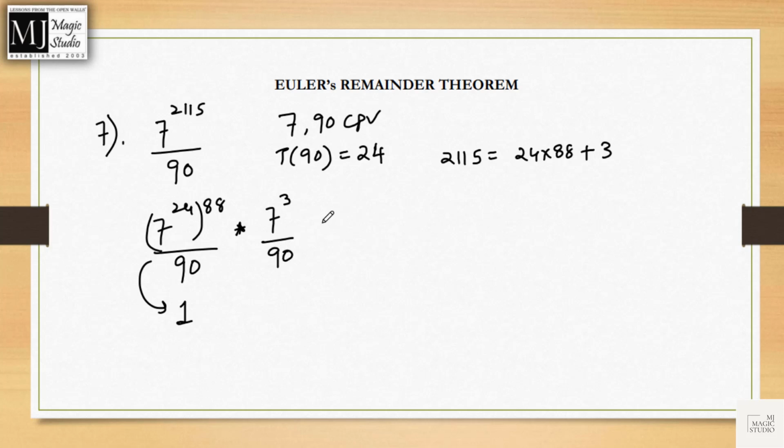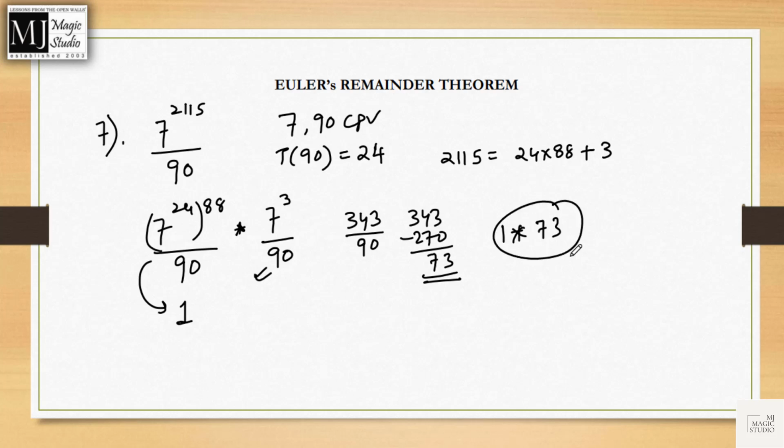Let's see what the remainder would be for the second part. 7 cube is 343. 343 is divided by 90. So 90 into 3 is 270. 343 minus 270 will give 73. So remainder would be 1 into 73 for the second part. The overall remainder is 73.